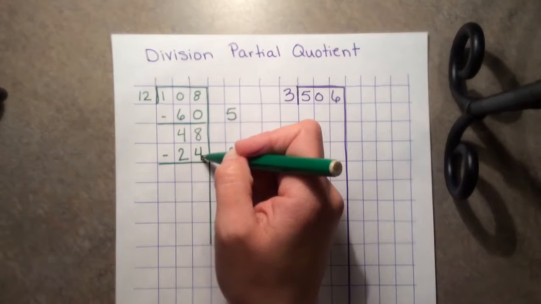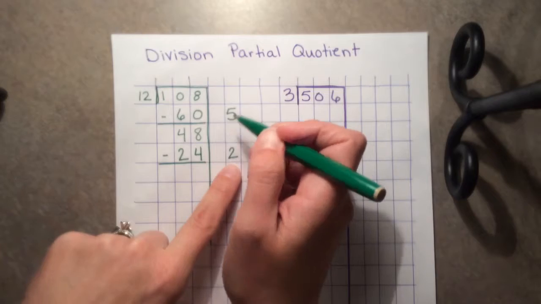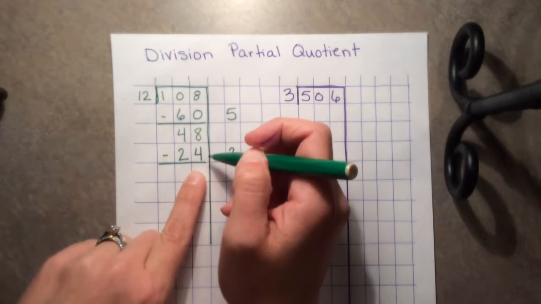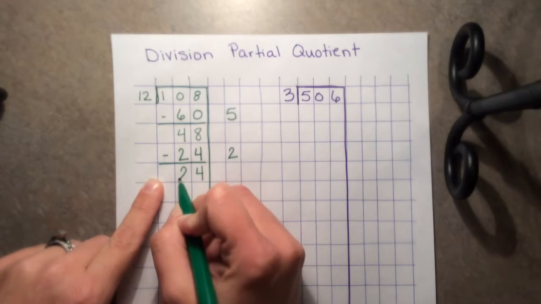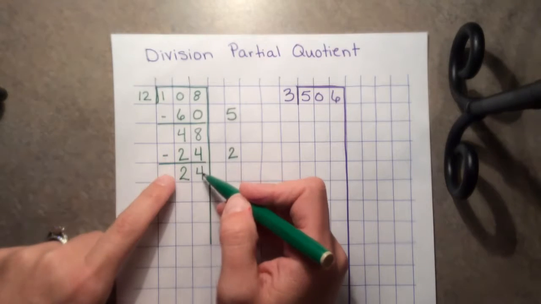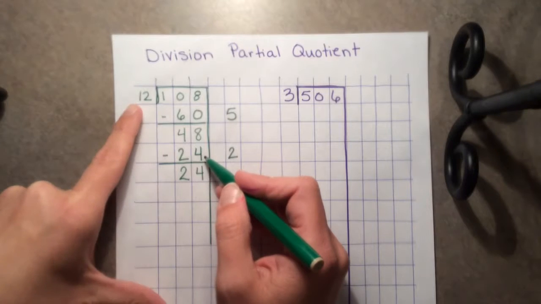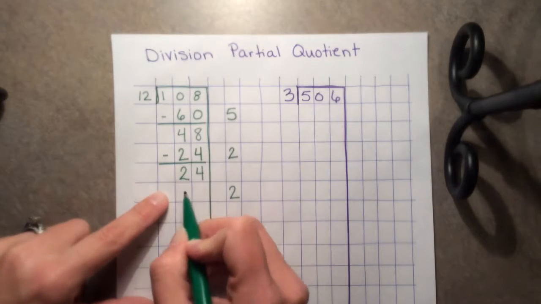Inside my bracket is how much my 2 groups is. My 2 groups of 12 is 24 single objects. I then do my subtraction and I find that I have 24 remaining. Again, my student may think, oh, I knew up here that 2 times 12 was 24, so I can do that problem again.